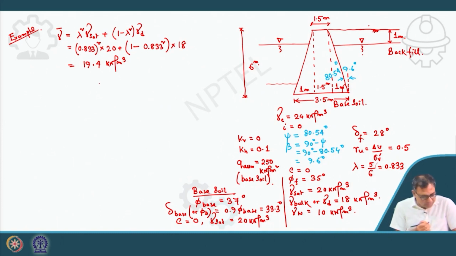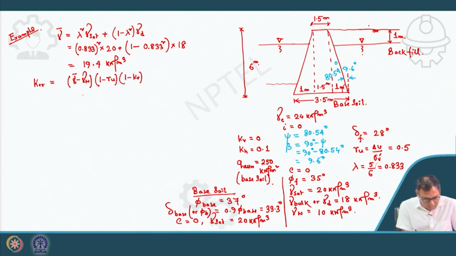Now I will check whether the K critical value is within the given value or not, whether a solution is possible or not. This is a partially saturated case. The K critical expression is gamma bar minus gamma W into 1 minus Ru into 1 minus Kv, divided by gamma bar into tan phi f.